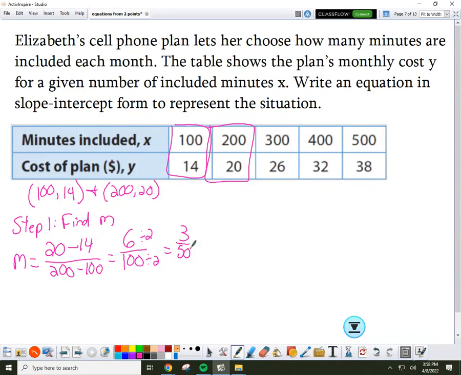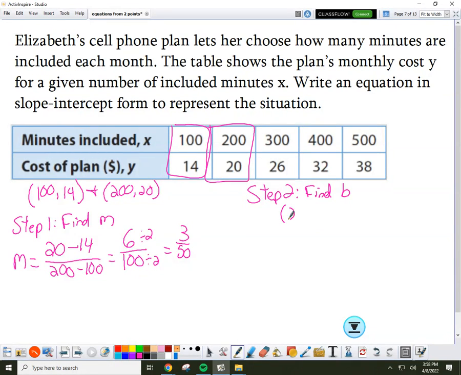Then next thing we need to do, we need to find our y-intercept. Find the y-intercept. So we're going to take any one of these ordered pairs that we picked right here. So one of these, I'm going to pick this one.